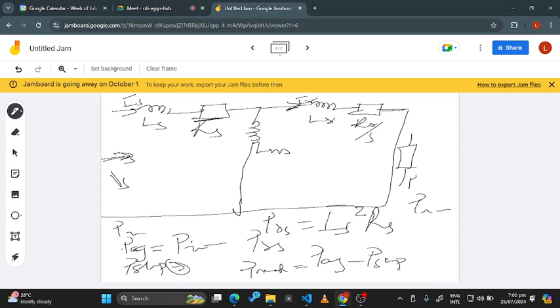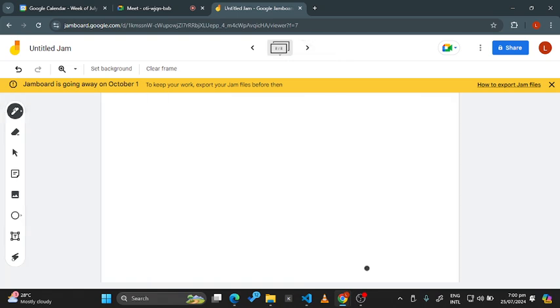And the resistance we have over here, RR on S, can be divided into two components. That means part of this resistance is producing the mechanical part, and part of this resistance is producing the loss.